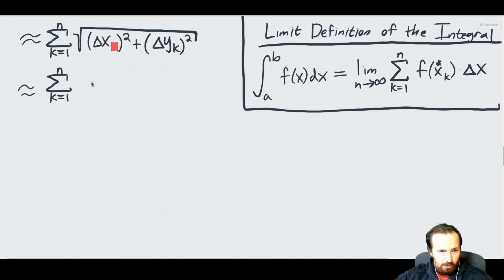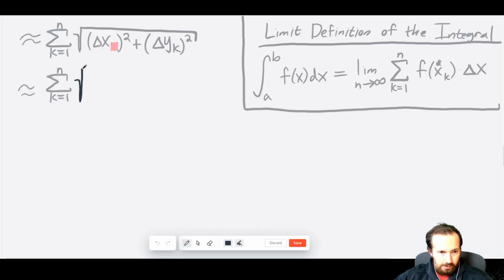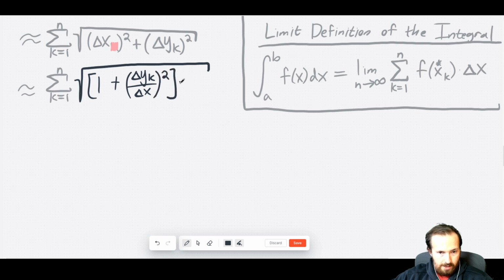And then what I'm going to do is this. Hopefully this makes sense. Inside of the square root, I'm going to factor out delta x squared. So if I do that, hopefully it's clear that I get left with 1 plus delta yk over delta x, the whole thing squared, and then times on the outside, delta x squared.